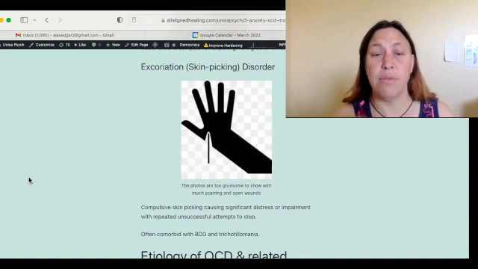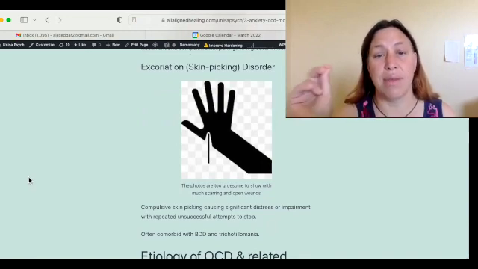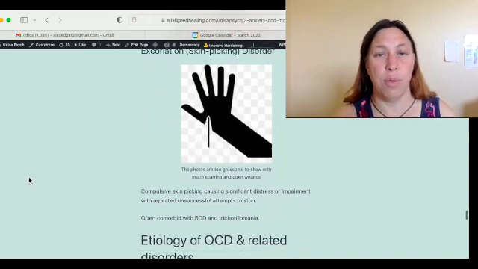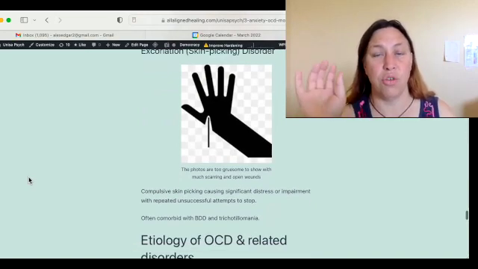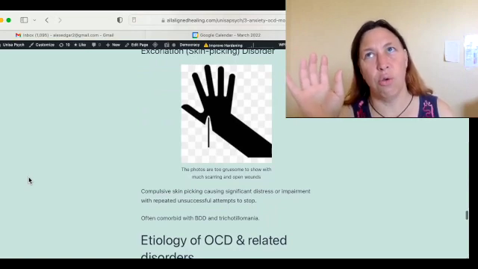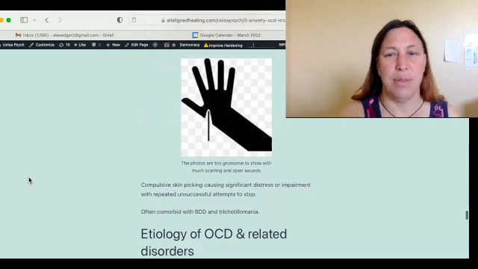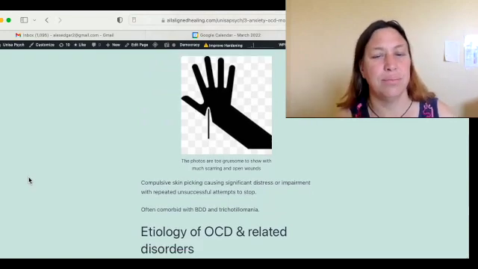Causing significant distress or impairment with repeated unsuccessful attempts to stop. Often comorbid with body dysmorphic disorder and trichotillomania, which is the hair pulling.